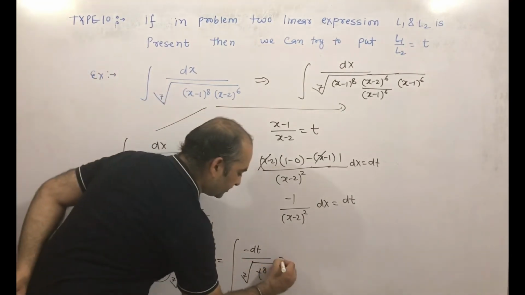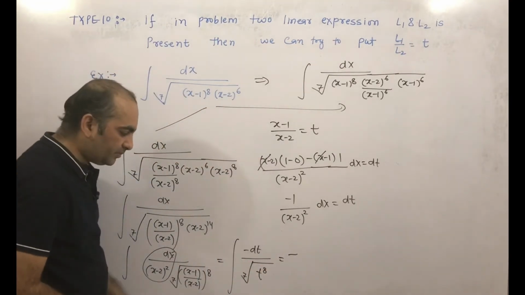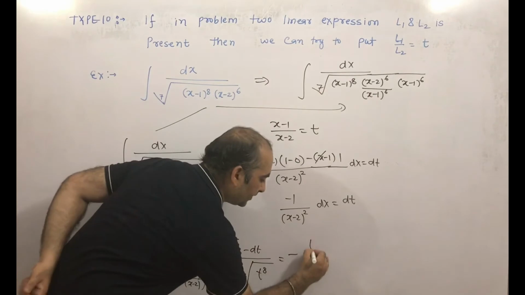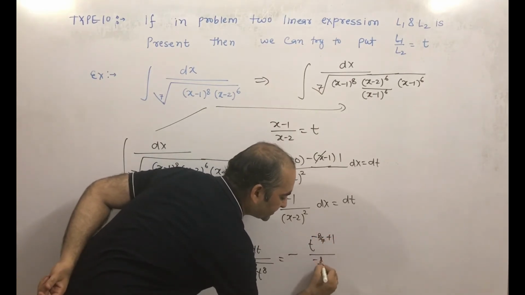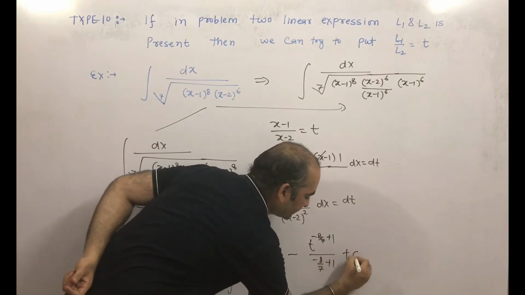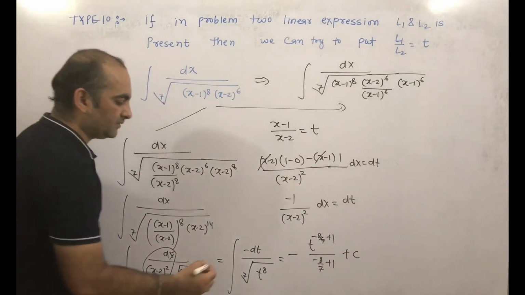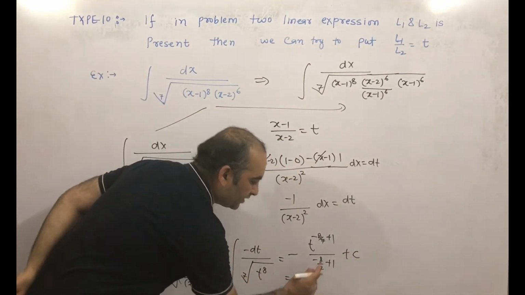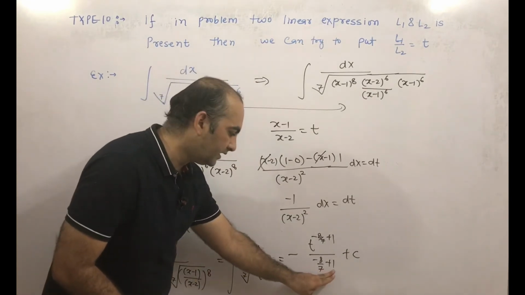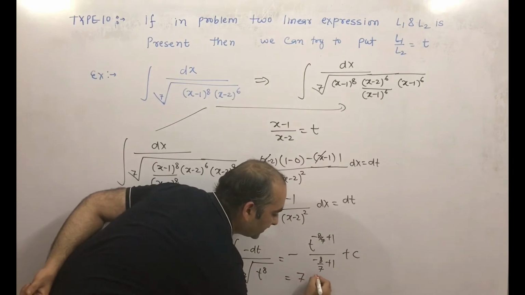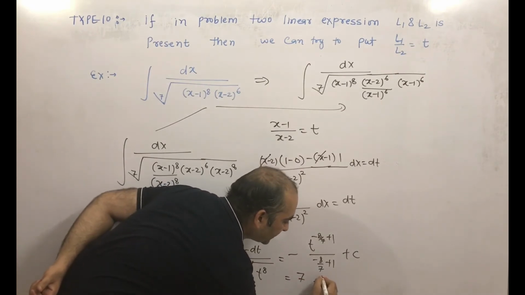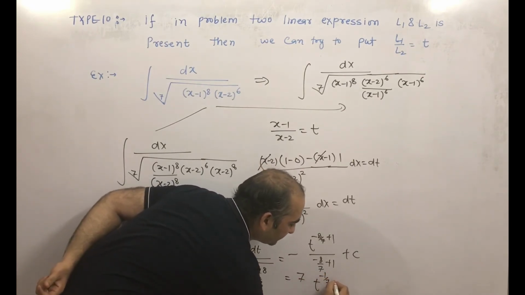Minus is outside. t power 8 by 7 integrates to t power (minus 8 by 7 plus 1) divided by (minus 8 by 7 plus 1), plus c. Minus 8 by 7 plus 1 is minus 1 by 7. So this will come as 7 t power minus 1 by 7 plus c.